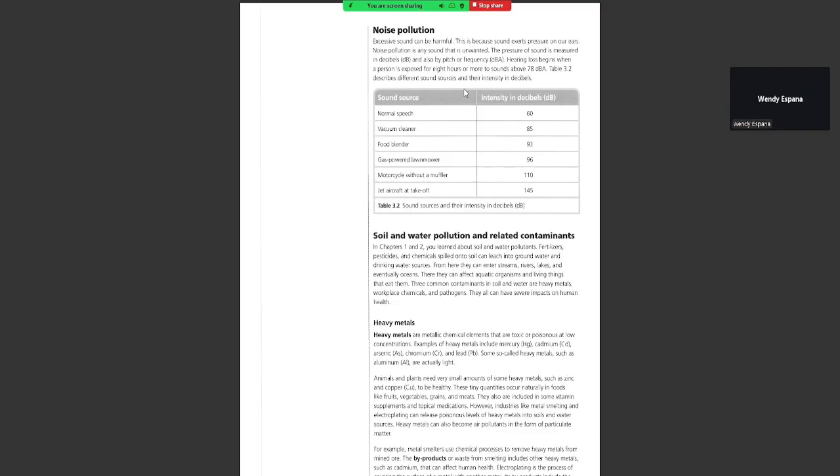Soil and water pollution are another section we didn't really talk about in the booklet, but you'll see they're listed there. On page 66 is heavy metals. We've talked a little bit about that. Mercury, we talked about, but there's also cadmium, arsenic, chromium. We talked about lead and aluminum.